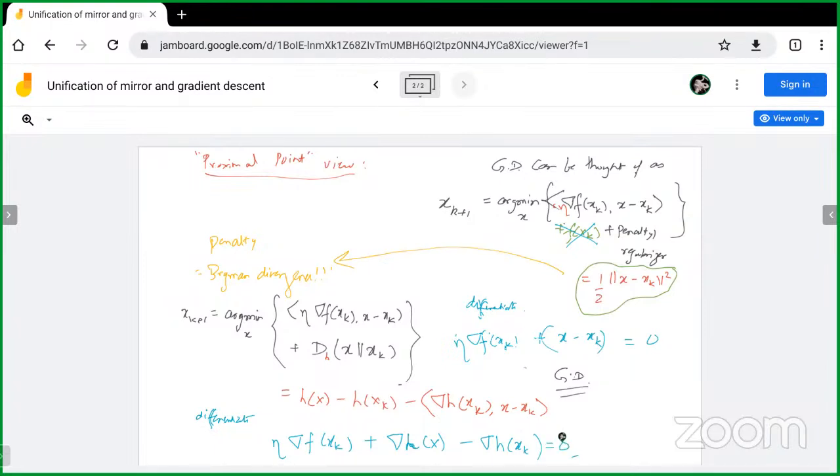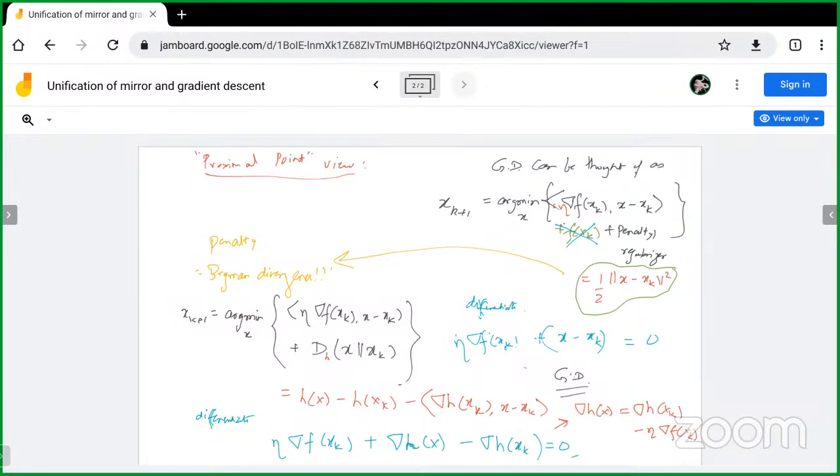So then what do I get? I get that, I just change sides, gradient of h at x should be gradient of h at x_k minus eta gradient of f at x_k.